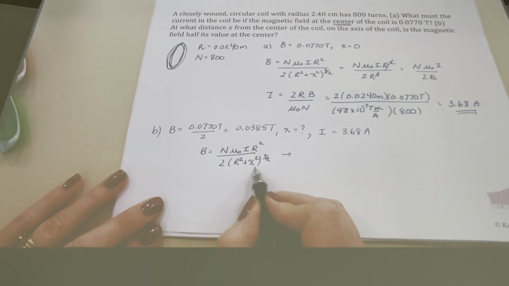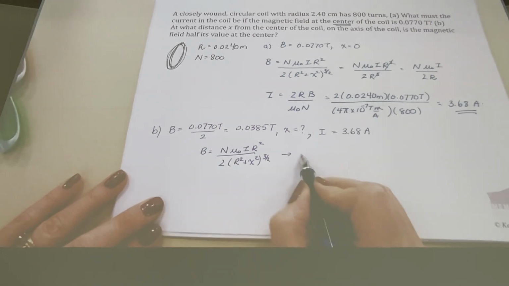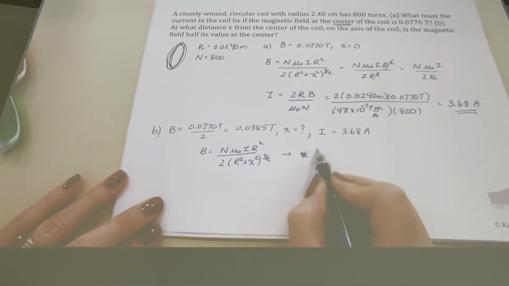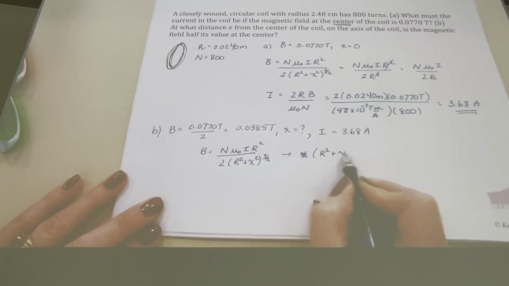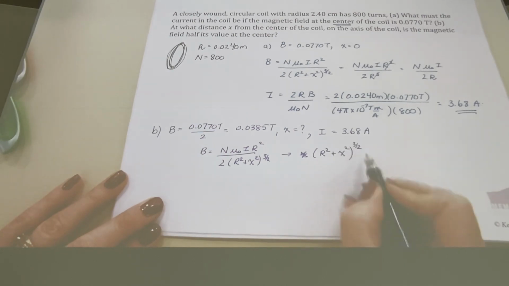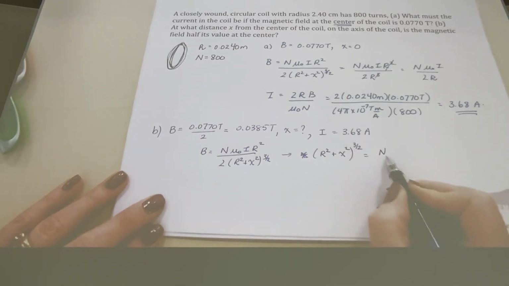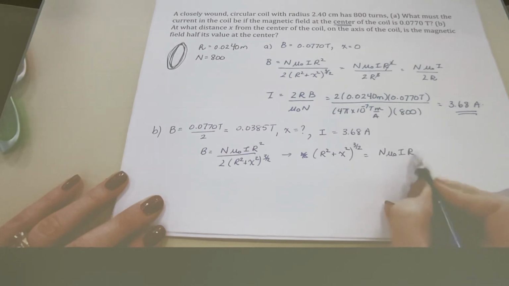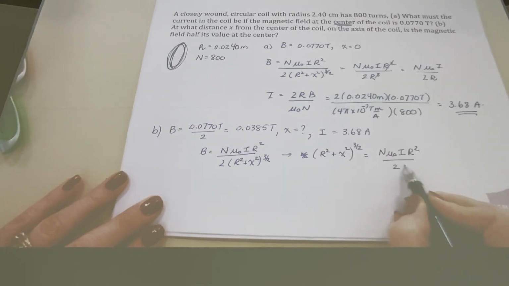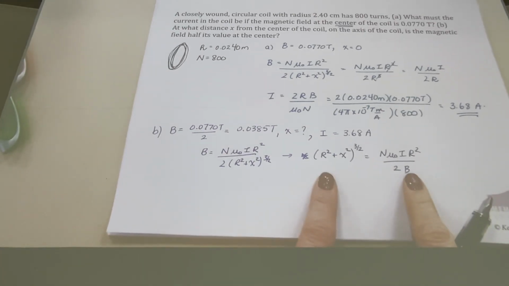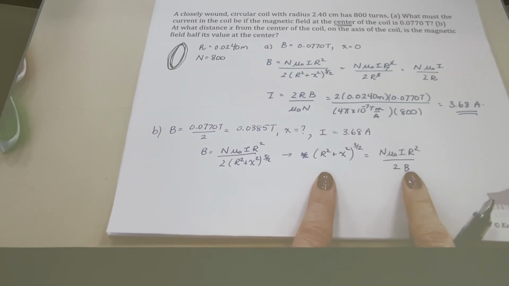So we'll bring our denominator up to the other side. R squared plus X squared to the 3 over 2 equal to N times mu naught times I R squared over 2 times B. So I did a little bit of algebra in my head there. Everybody okay with that step?